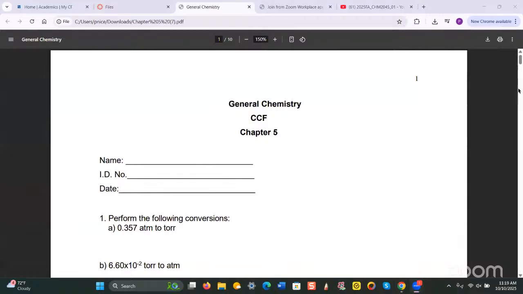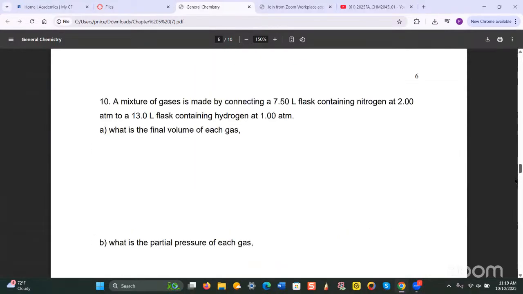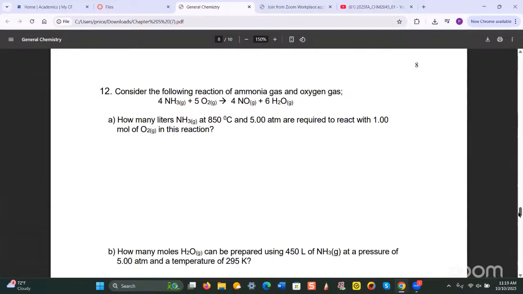Okay, so I'm sure we did all of the... Oh, hold on. Did we do number 12? No. Okay, so I misspoke, because number 12 has to do with gas stoichiometry. So that's very important. Let's talk about this.